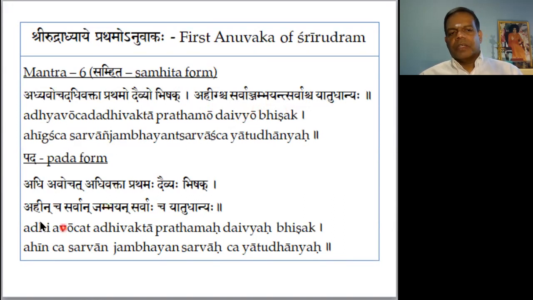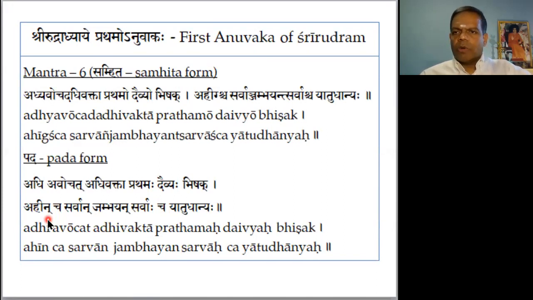Okay, so 'ahin' and 'cha', this 'n', or you can say anuswara, is a sandhi which is very common in Taittiriya, in Krishna Yajurveda actually, where the anuswara, for certain combinations, becomes 'ig' or 'gung'.